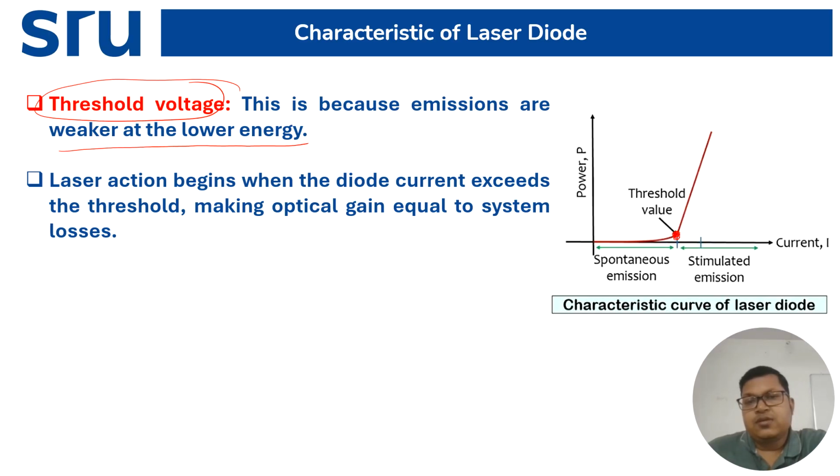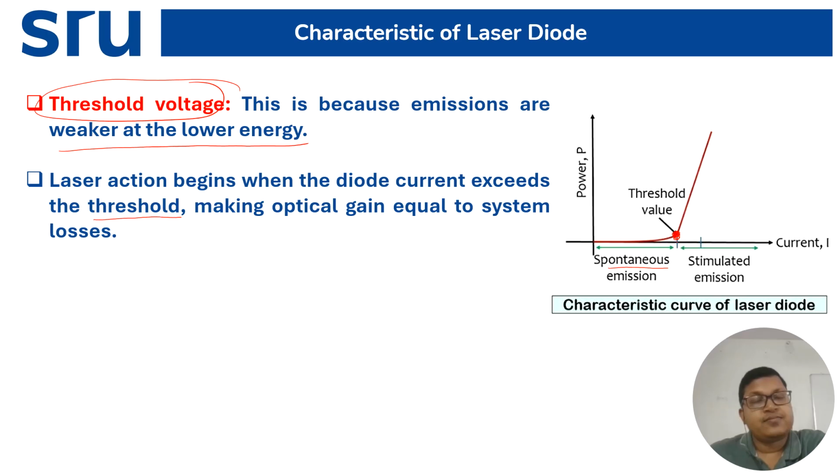Up to the threshold voltage, the emission is dominated by spontaneous emission. But after the threshold, the stimulated emission also starts working, and we can see a huge amount of emission. Now the laser action begins when the diode current exceeds the threshold.